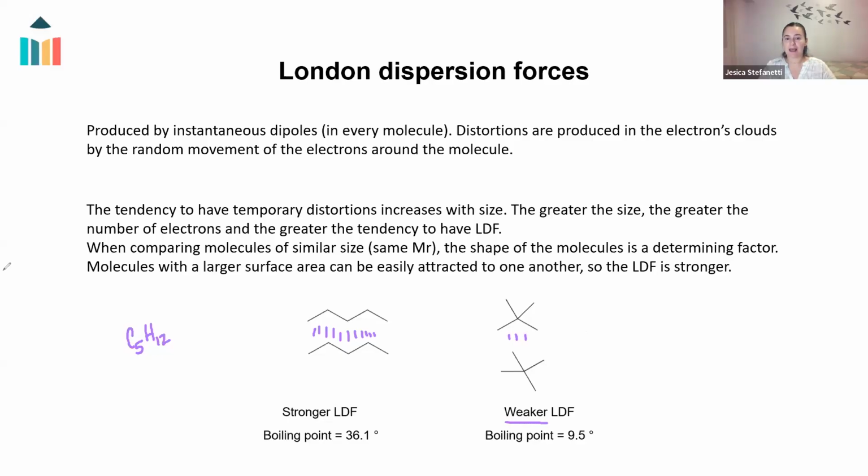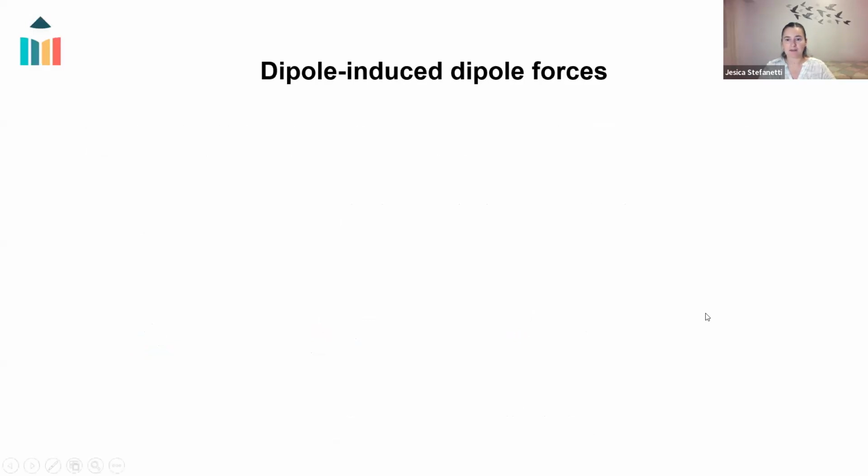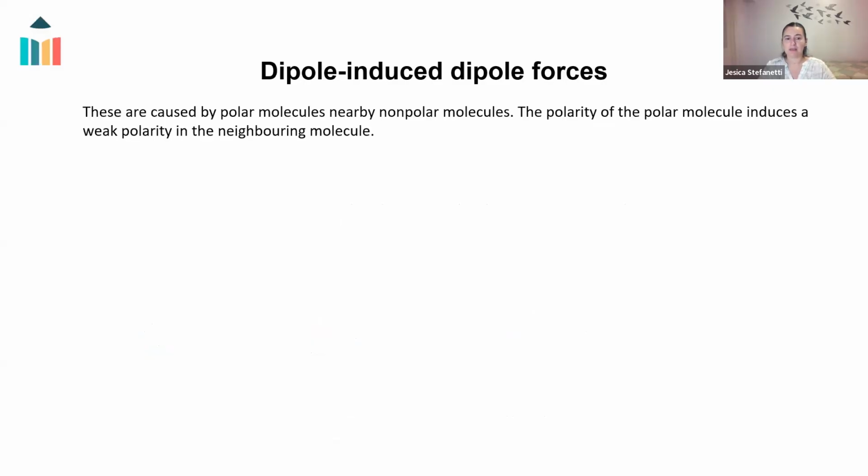Having said all that, we can make reference now to another type of force, dipole-induced dipole forces. Sometimes molecules that are polar can induce a dipole over the neighboring molecules, even though they might be non-polar. Just think about polar molecules such as hydrogen chloride.